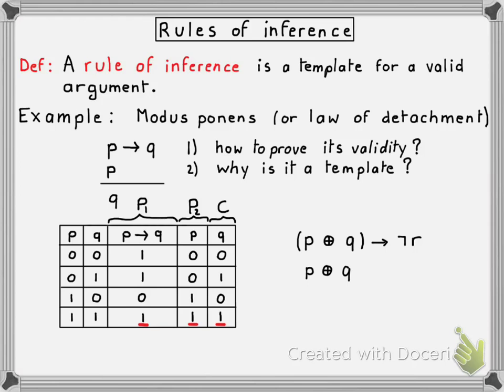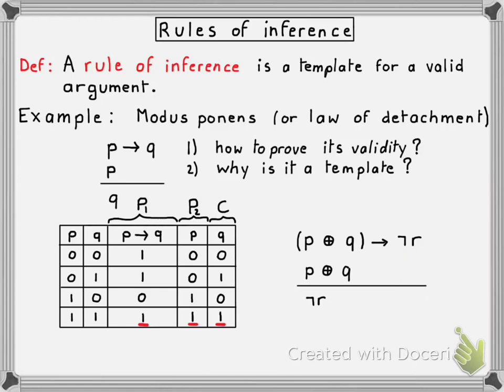In other words, if you replace the P in modus ponens with this compound proposition, and you replace the Q in modus ponens with this proposition, well, you notice that the second proposition is nothing but P, and therefore these two propositions match the template of the premises of modus ponens, and therefore the modus ponens rule allows you to infer that the conclusion of the conditional, in this case not R, must also be true.